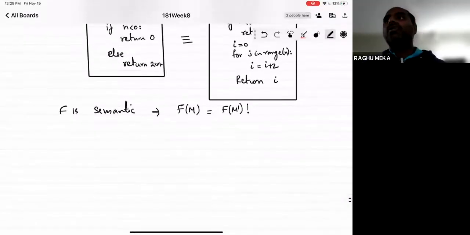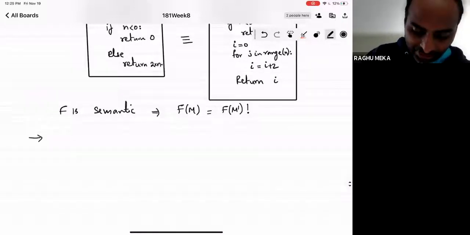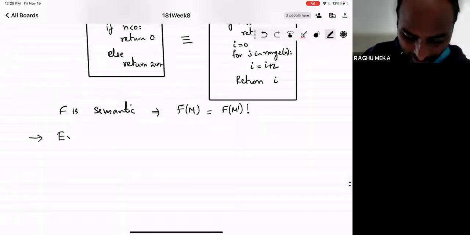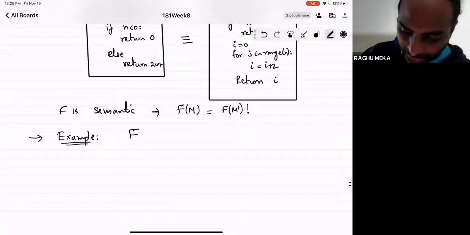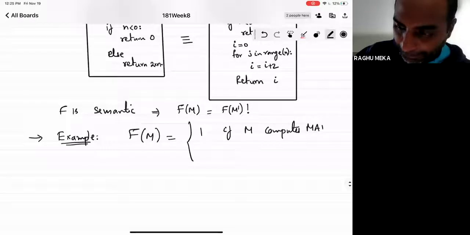Okay, and one important class of semantic properties is, for example, F of M equals 1 if M computes majority.